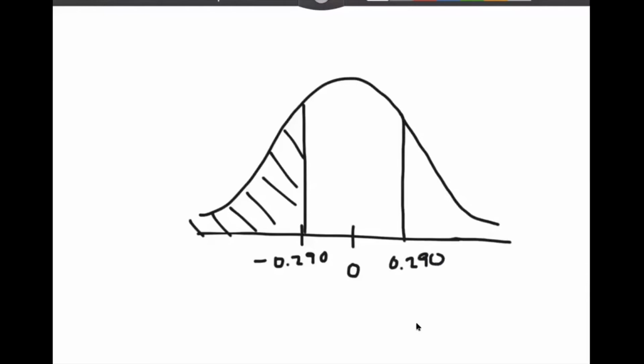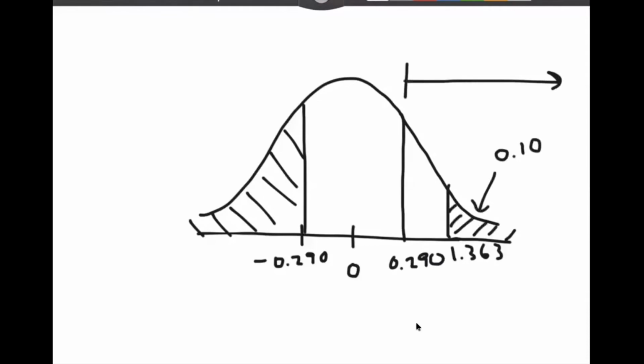When I looked in the table, the closest t-value that I found to 0.290 was 1.363. According to the table, the area to the right of 1.363 is 0.10. Since this area all the way from here on up represents my p-value, that p-value has to be greater than 0.10.